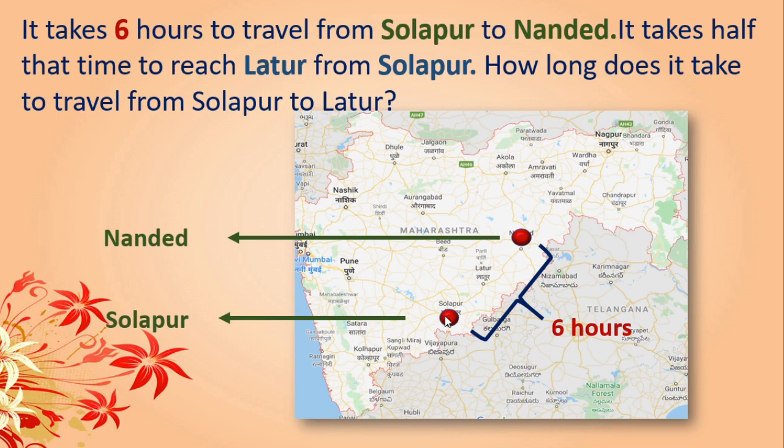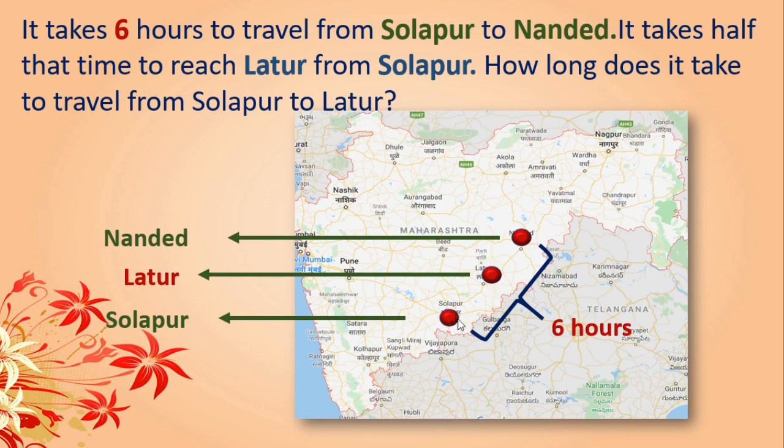This is Solapur, you know. And see, this is Latur. I will write in red. Now from Solapur to Latur, it takes only half the time from Solapur to Nanded. It takes 6 hours from Solapur to Nanded, you know. So half of that is how much?